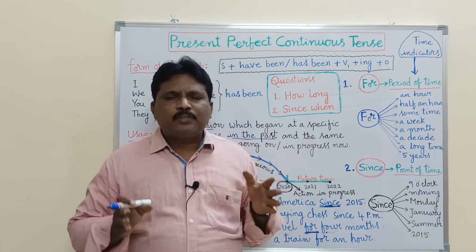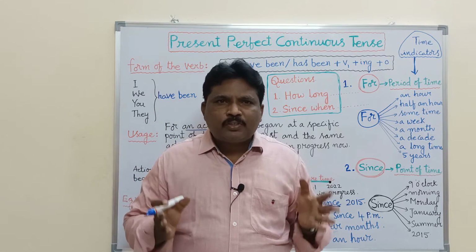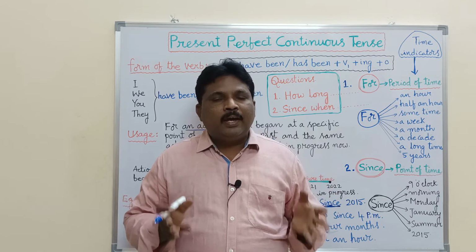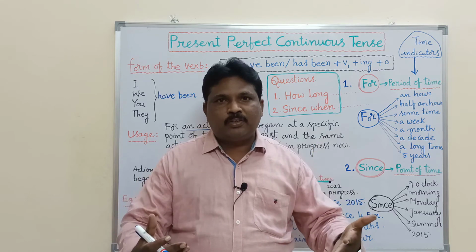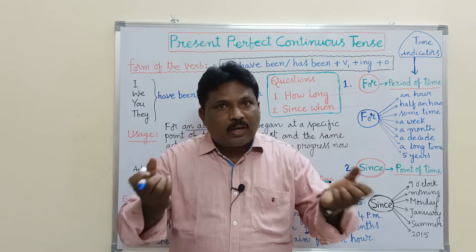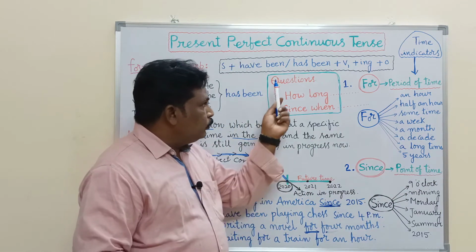Okay, as far as the present perfect continuous tense is concerned, there are questions from the students' end as to how to frame questions whenever we want to draw answers from others. For that I give you the clarity.